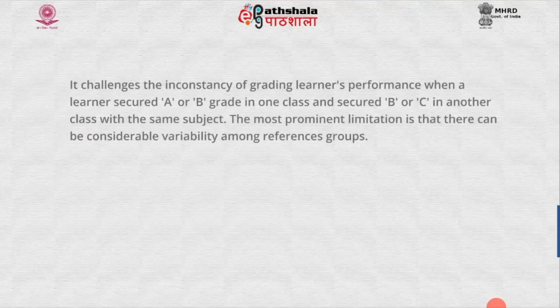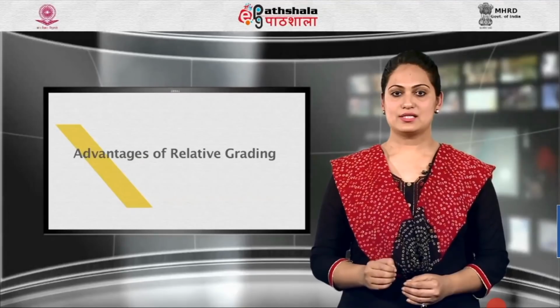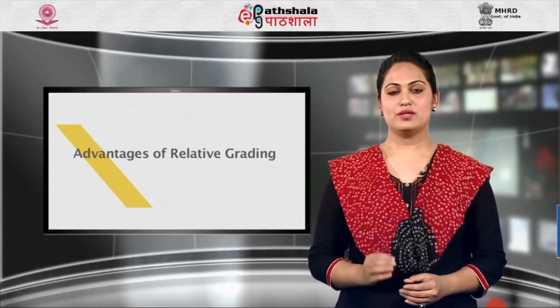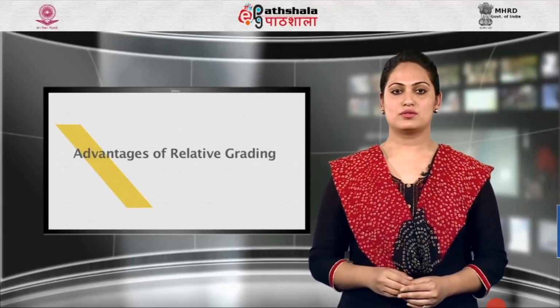It leads to inconsistency in grading learners' performance when a learner secures an A or B grade in one class and secures a B or C in another class in the same subject. The most prominent limitation is that there can be considerable variability among reference groups. Some classes will be relatively high achievers and some relatively low achievers.